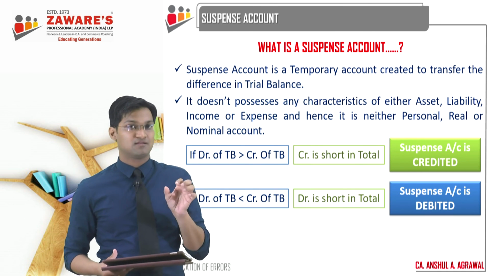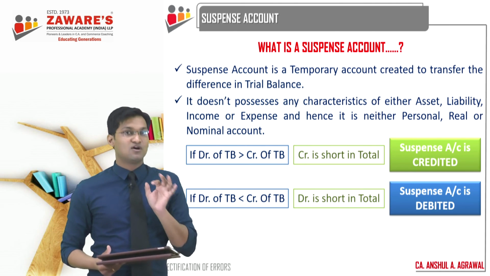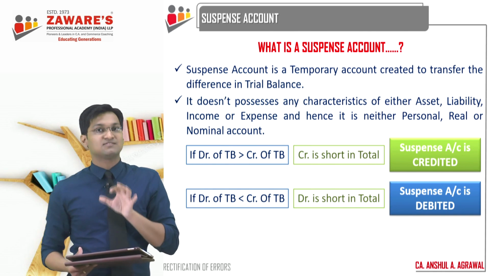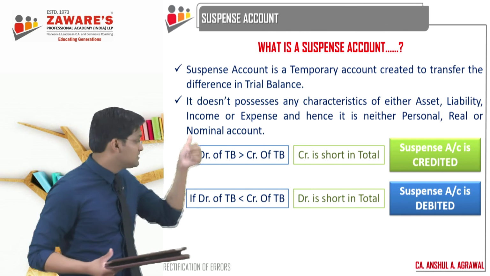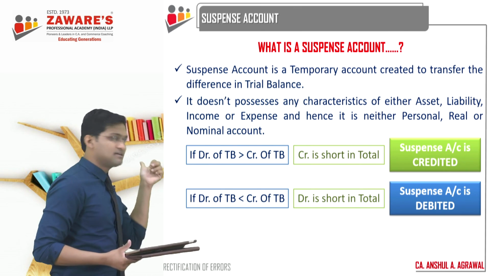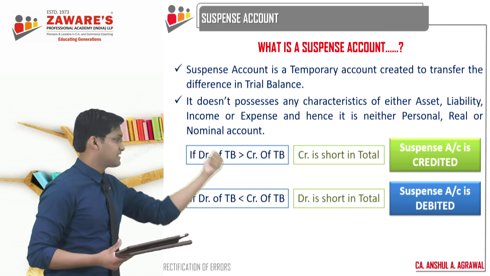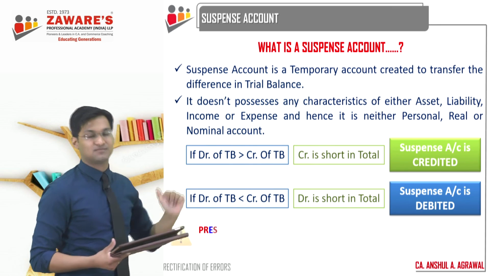Lot of times you are given questions that the trial balance of XYZ does not agree and it is short by this much amount on debit side. Suspense account will be dash. So you have to check these two cases. So if debit is greater than credit, that means credit is short in total. If credit is short in total, suspense account has to be credited, and vice versa.